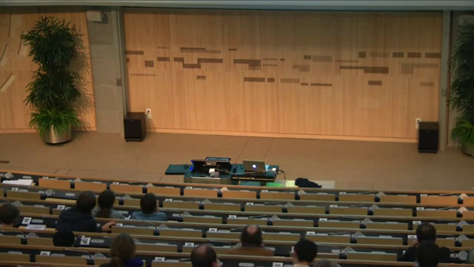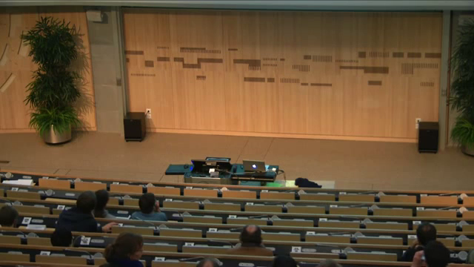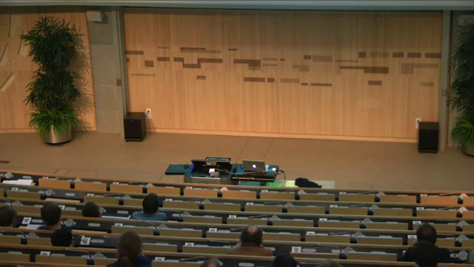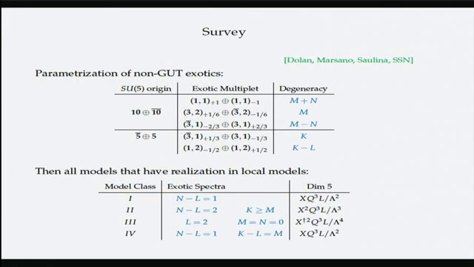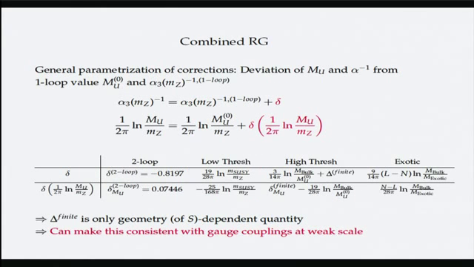So there'll be KK modes actually on the S-GUT surface. This will give us additional corrections here, and we'll get the running from the exotics, right? So this will be the running parameterized by these 2 integers, L and N, which gave us these additional contributions that are non-GUT.